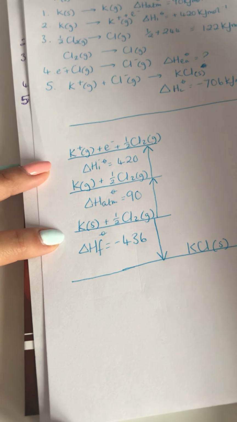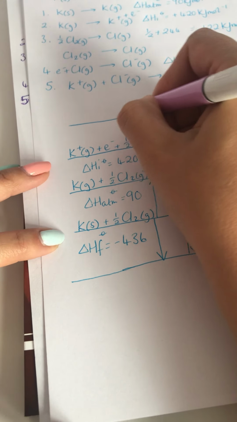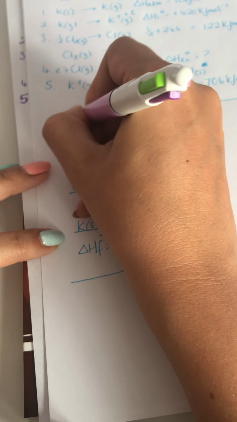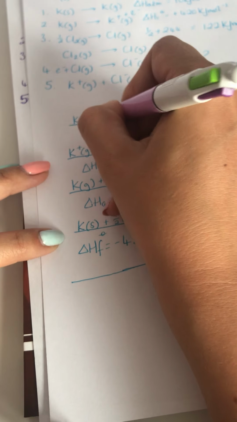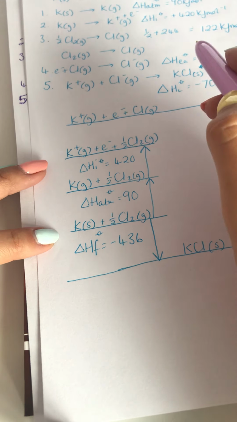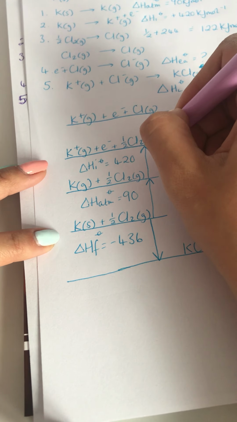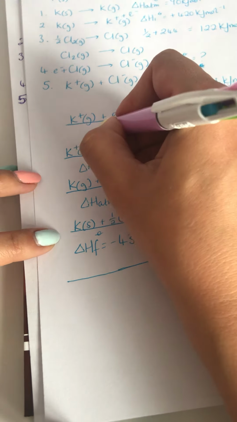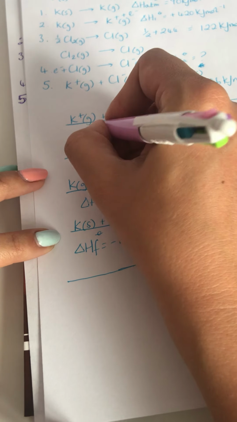Now I know already this is going to be my long one, but I'm going to turn it into a Cl atom, a gaseous atom. So I've got my K plus still, my electron still, and I've now got Cl on its own. And if you remember, because it is just one atom, I halved the bond dissociation energy to get 122.